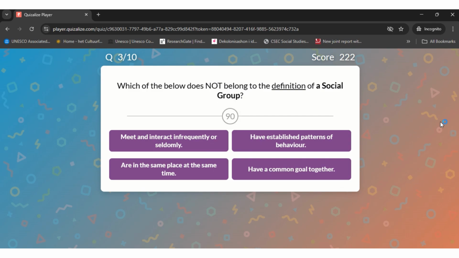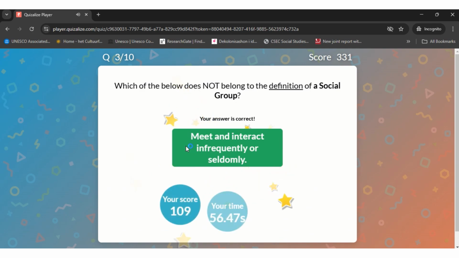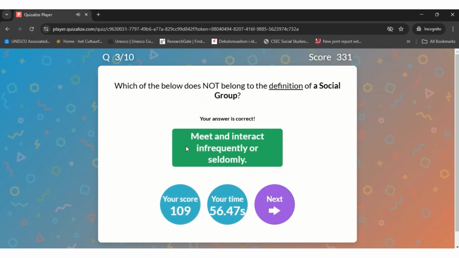Meet and interact infrequently or seldom, are in the same place at the same time, have established patterns of behavior, share a common goal together. This one belongs, common goal. They have established patterns of behavior. They are in the same place at the same time. I would say meet and interact infrequently and seldom does not belong. Well, the rest you can do together.